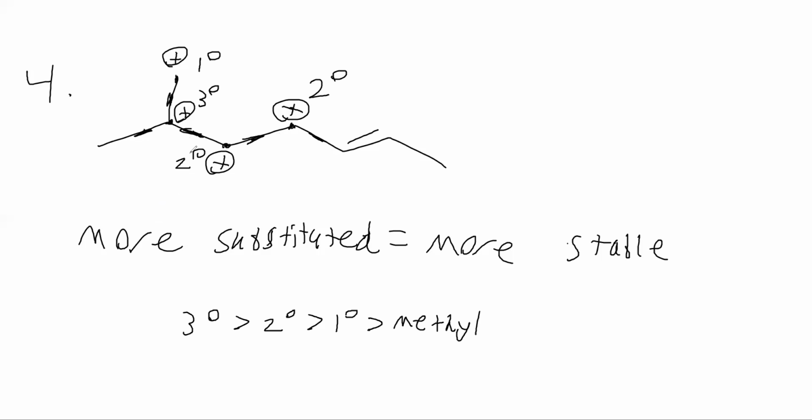Do these 2 secondary cations have the same stability, or is there a difference between them? Yes, this one on the right is allylic because it is right next to a double bond. So is this more or less stable than the other one?